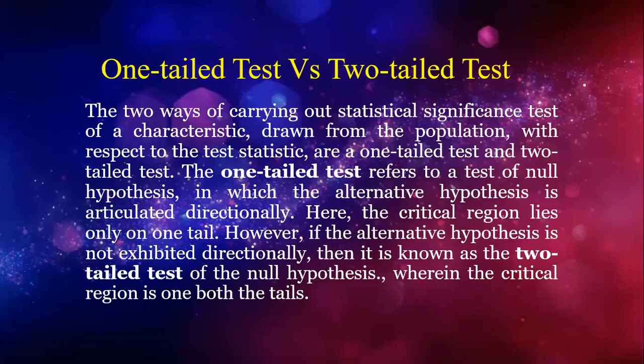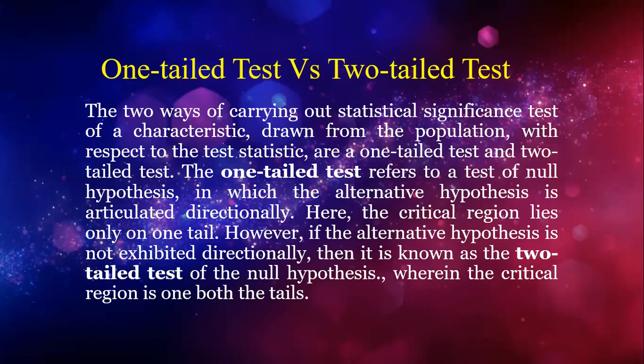What is the basic decision rule for accepting and rejecting the null hypothesis? We discussed that there are two values in hypothesis testing. The first is the calculated value, and the other is the table value. We have to compare the calculated value and the table value. If the calculated value is less than the table value, then accept the null hypothesis.